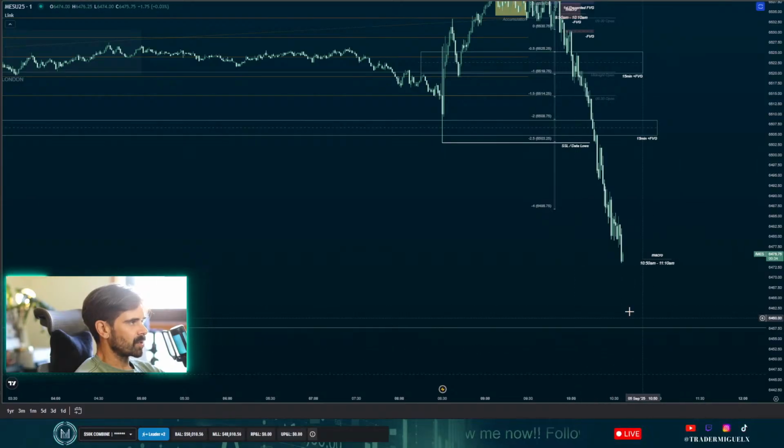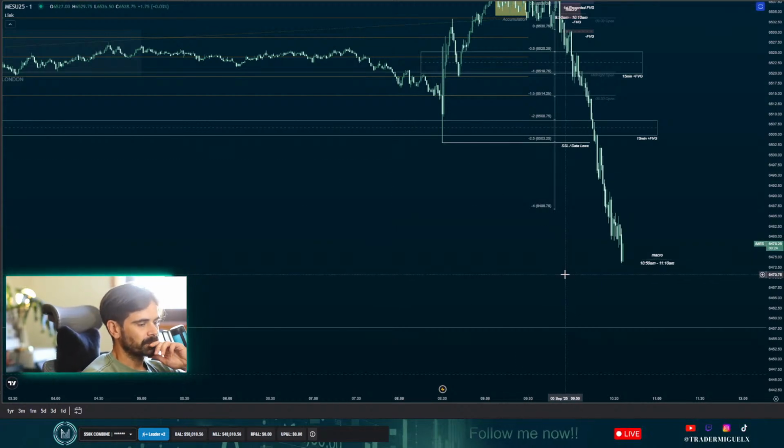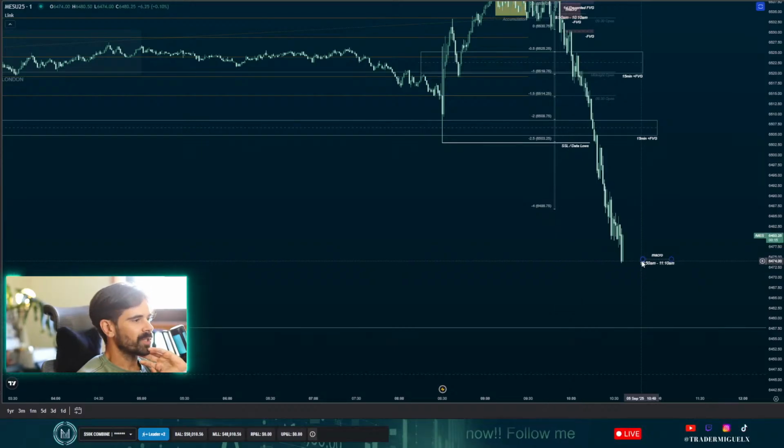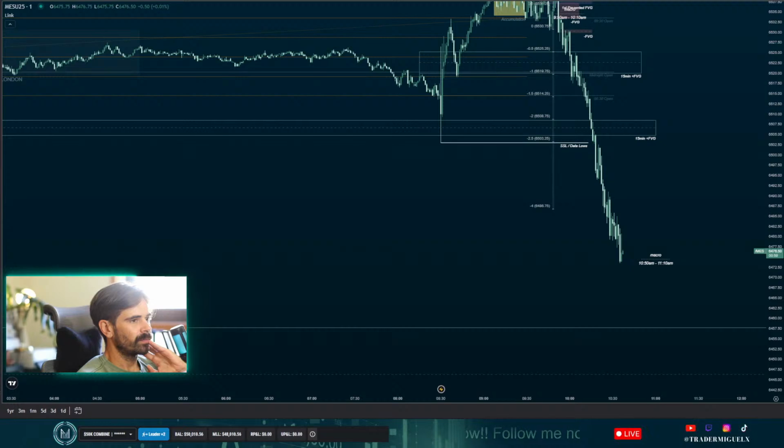This to me seems the most logical pit stop for price right now. We are approaching 1050 as well. But yeah, this was a nice run to the downside, honestly.